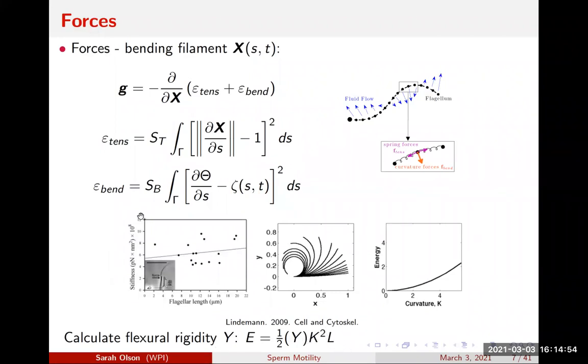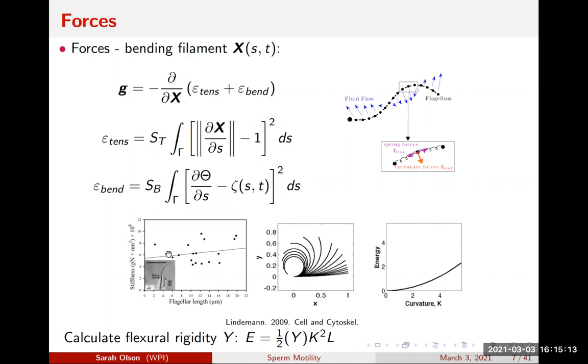So we think about this modeling framework. We know for these different swimmers, there's a very well-known stiffness. Some of it varies along the flagellum, depending on the species. We've done constant stiffnesses, variable stiffnesses.